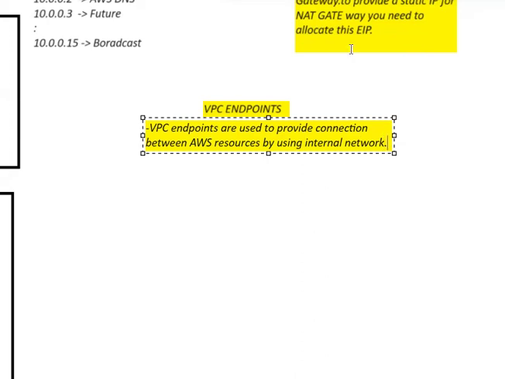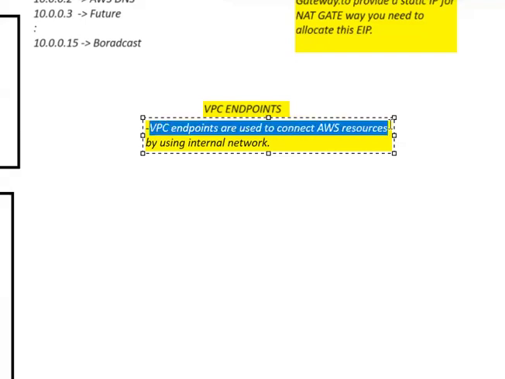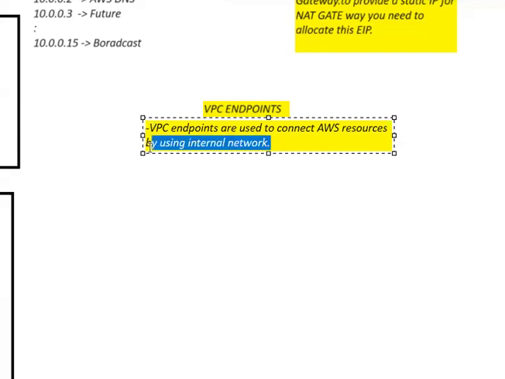By using an internal network, we are providing communication or connection between our AWS resources. In simple words, VPC endpoints are used to connect AWS resources, right? This looks very simple, right? So VPC endpoints are used to connect AWS resources by using the internal network. So can I say this network is a private internal network? Yes, it's a private internal network.